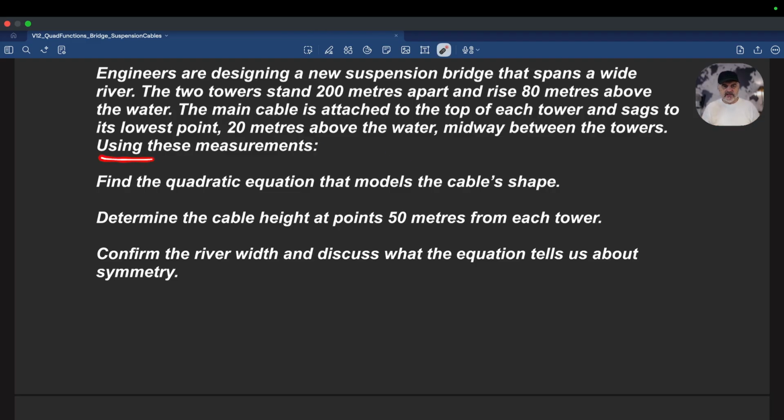And so using these measurements and using this data in the question, the objective here is to find a quadratic equation that models that shape, determine the cable height at the point 50 meters from each tower, and then we'll confirm that the river width indeed would be used as 200 meters.